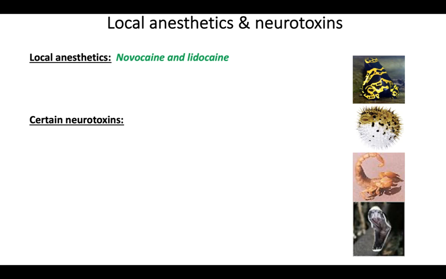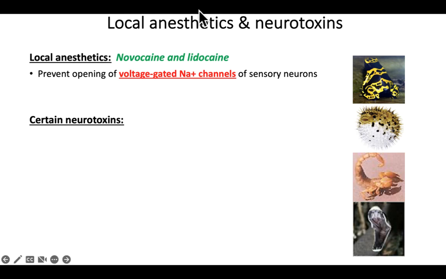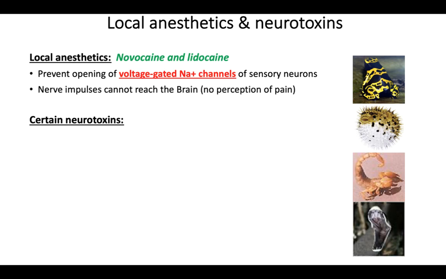How those local anesthetics work is they prevent the voltage-gated sodium channels from opening in your sensory neurons. If you can't open voltage-gated sodium channels, you're not going to be able to transmit impulses to the brain.